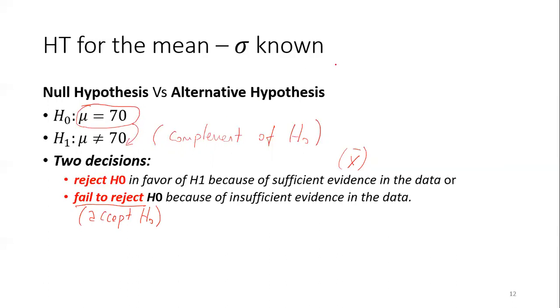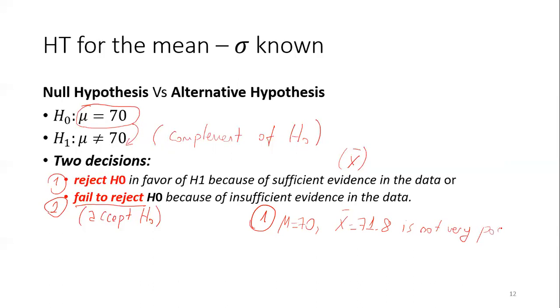So in fact, what does this mean? Let me just say this is 1 and this is 2. If you decide on 1, it says that if the mean is equal to 70, then observing an X bar of 71.8 is not very possible.